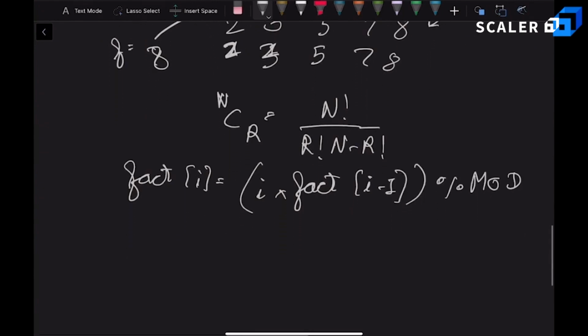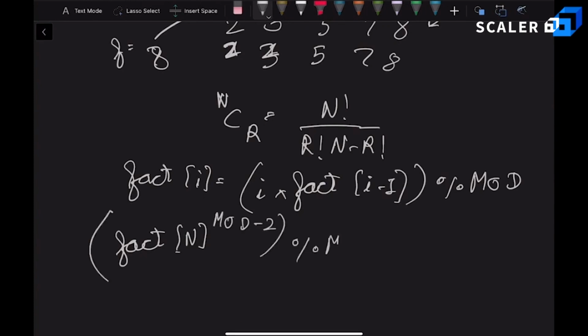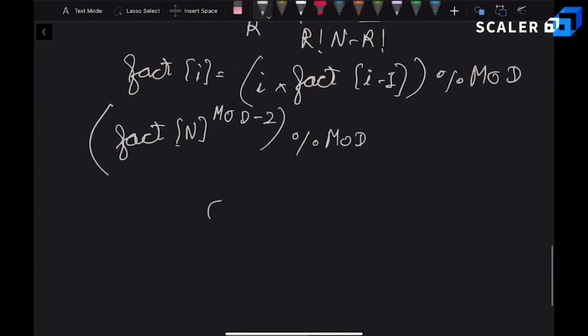To calculate inverse of factorials, if we know fact of n, to calculate inverse factorial of n, we'll calculate factorial raised to mod minus 2 modulo mod using Fermat's theorem, because we know that the inverse of a modulo prime number p will be a raised to p minus 2 modulo p.